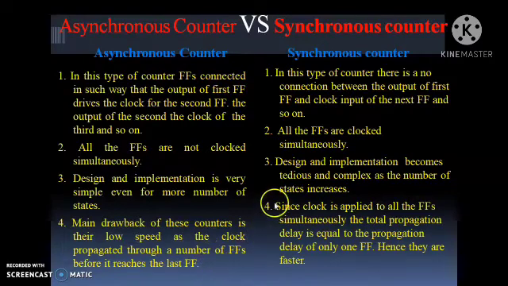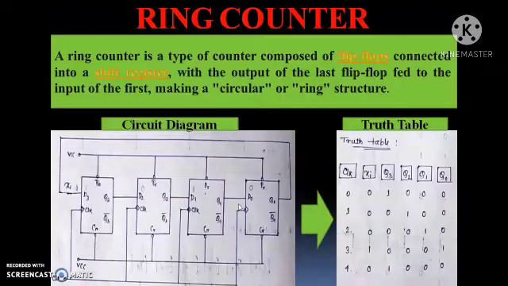Fourth point, synchronous counter. Since the clock is applied to all the flip-flops simultaneously, the total propagation delay is equal to the propagation delay of only one flip-flop. Hence, it is faster.